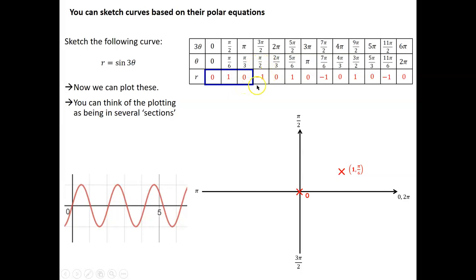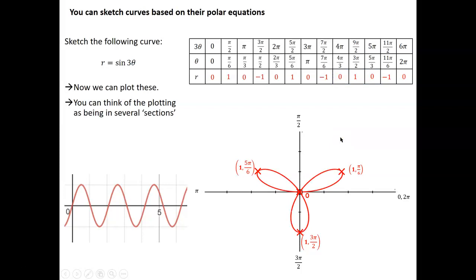I'm going to skip over the -1 for the moment and jump to this section. As I move round to 5π/6, I move out to 1 and then back to 0 again. Then I'm going to skip over this -1 and go to this section here. As I move round to 3π/2, I move out to 1 and then back to 0 again.